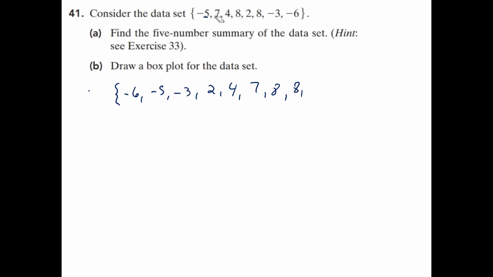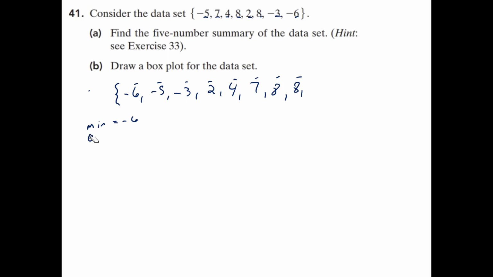We have 1, 2, 3, 4, 5, 6, 7, 8. Okay, so the minimum is your first of the 5-number summaries. Your minimum is the smallest number, -6.